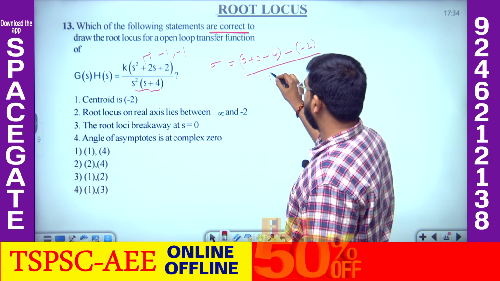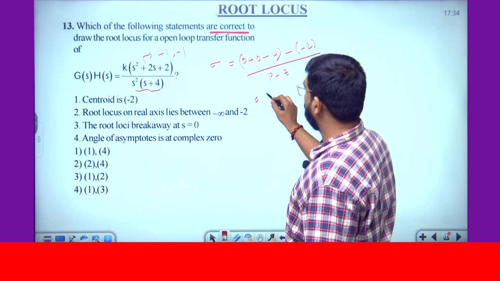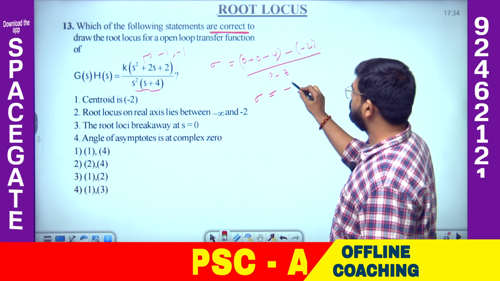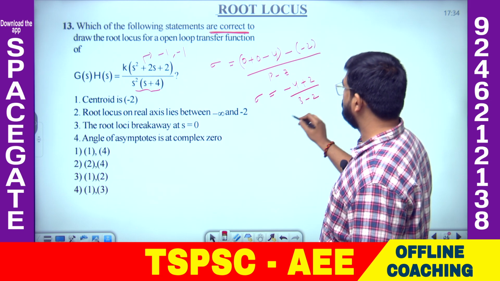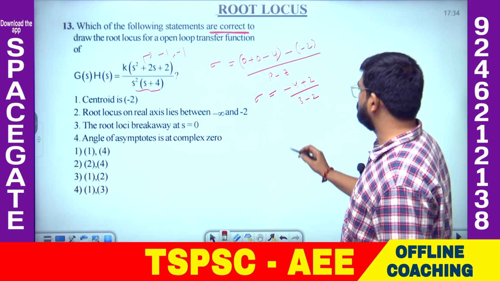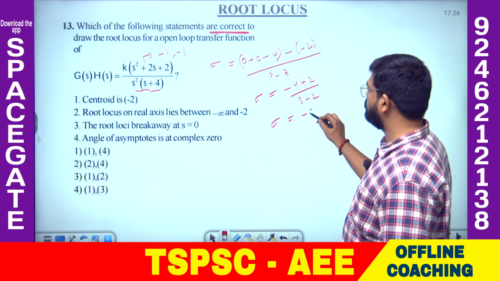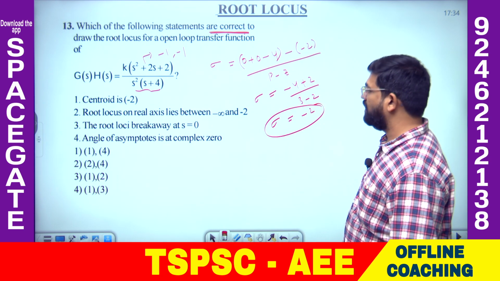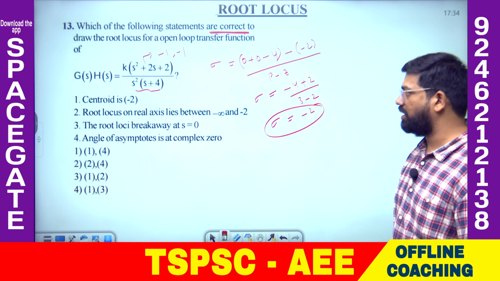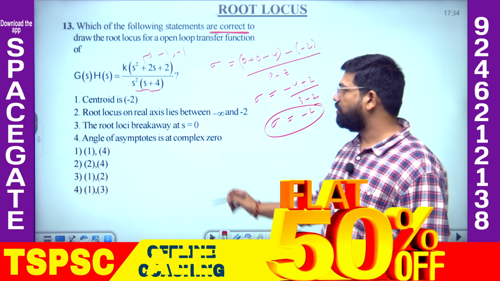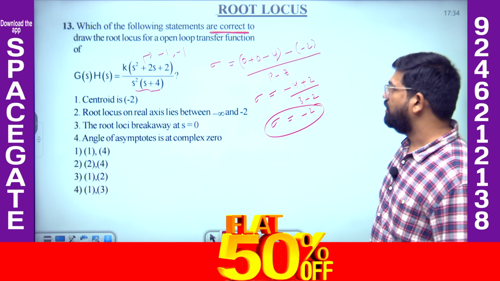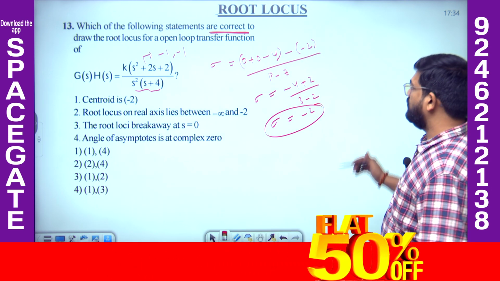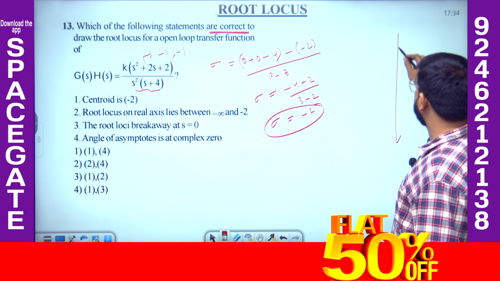So, P minus Z. So, sigma numerator if you see, minus 4 plus 2 by 3 minus 2. So, how much we get? Minus 2 by 1. Okay. Centroid is minus 2, a correct statement only. And root locus on real axis lies between minus 2 and infinity. Look at this, how we get root locus.